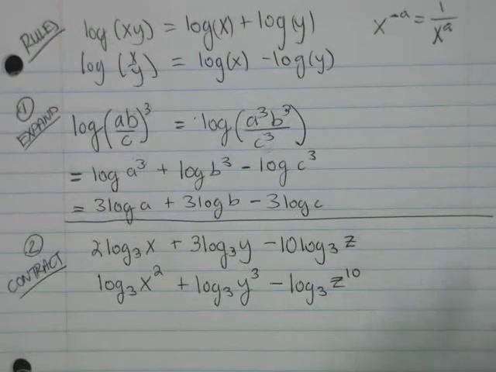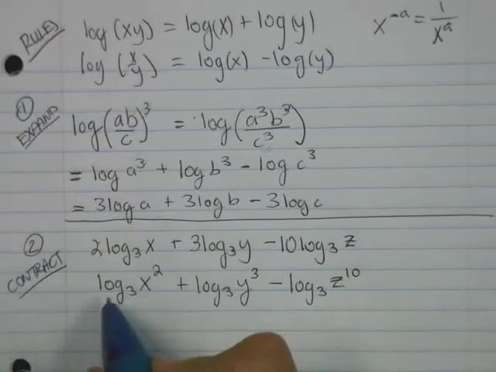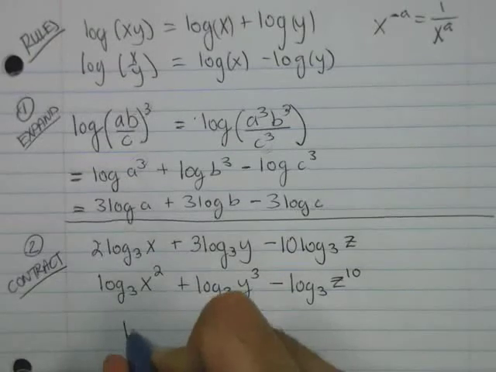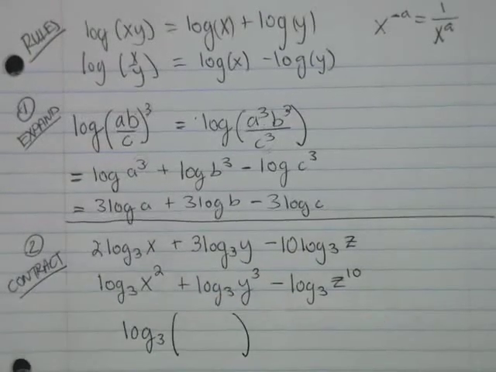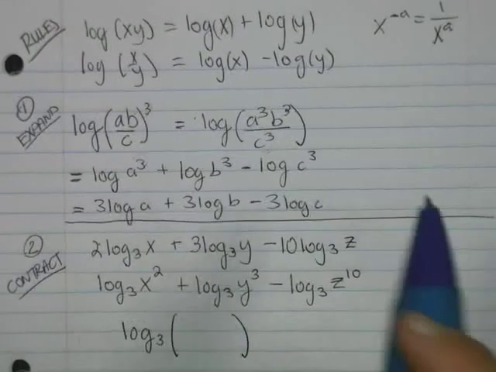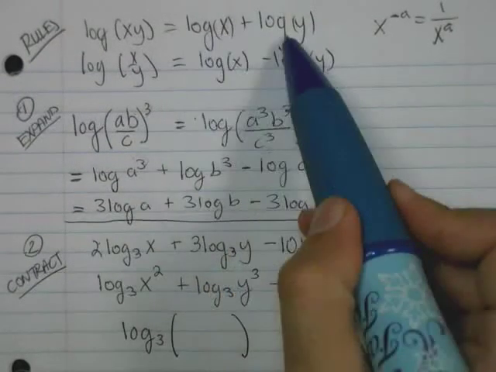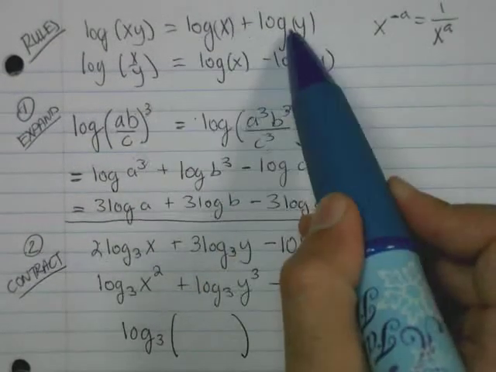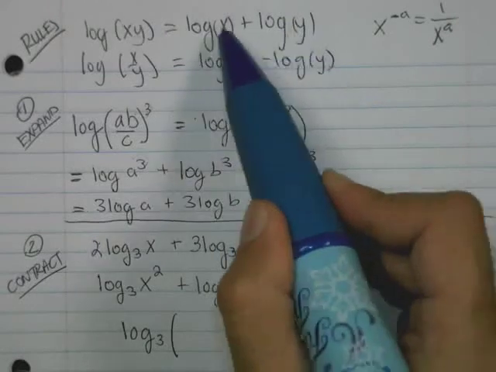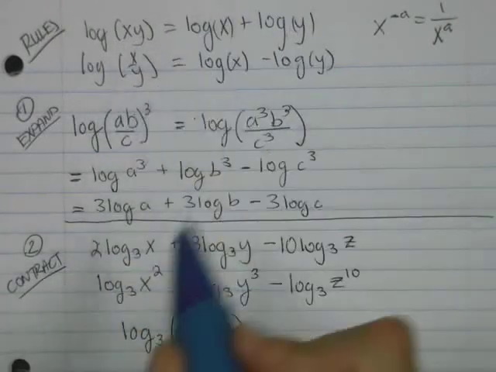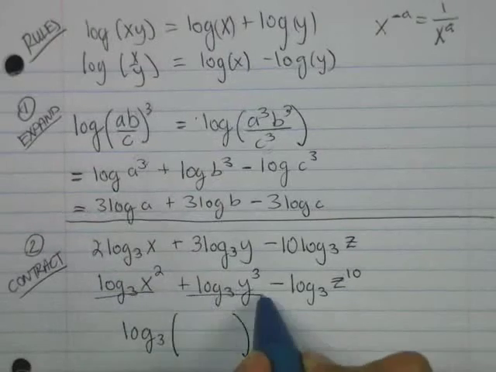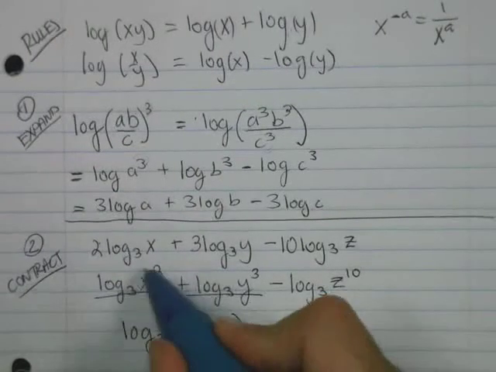Now we're going to combine this stuff into one big log. It's log base 3. Well, this rule says if I add 2 logs of the same base together, it's the same as if these things are multiplied inside of the log. So these things are being added, so that means I'm going to take just this stuff and multiply them.